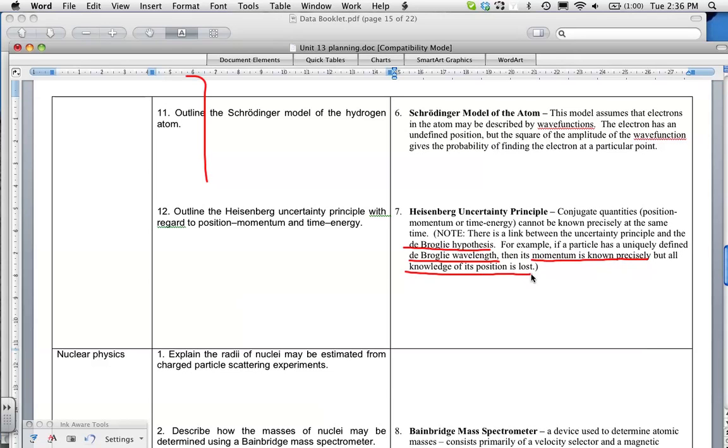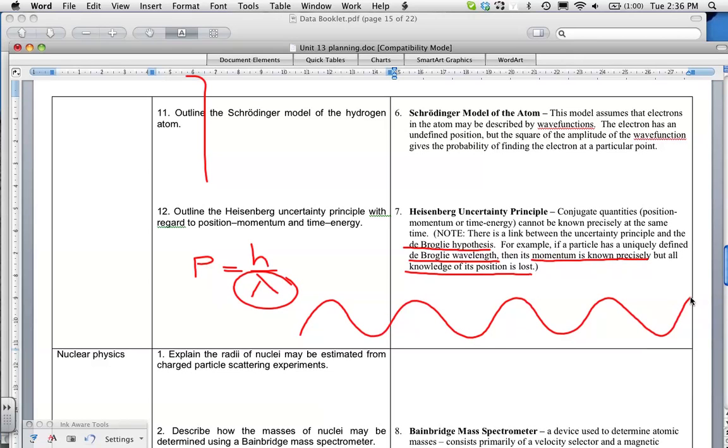So we know that the momentum is equal to h over lambda. If we know what lambda is, in other words, if we have a single wavelength like that, we can say exactly, or quite accurately, what our momentum is.